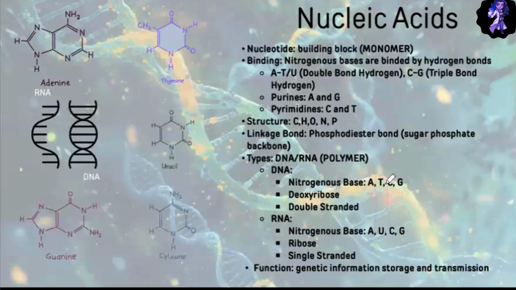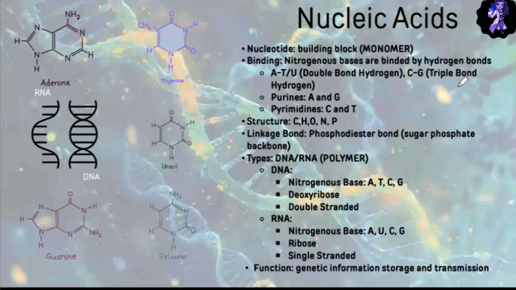The bonds between the nitrogenous bases are going to be hydrogen. So you have a double bond between A and T or A and U, and a triple bond between C and G. And those are hydrogen bonds.